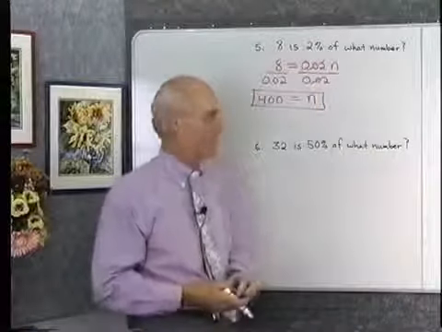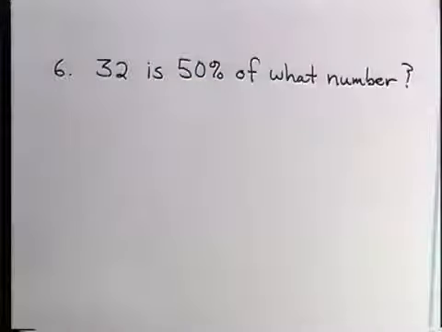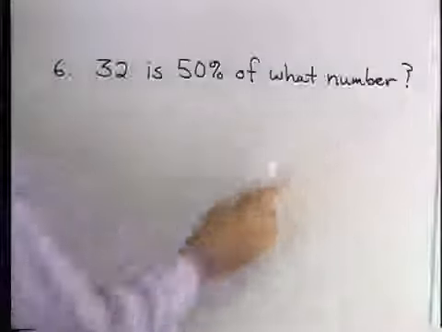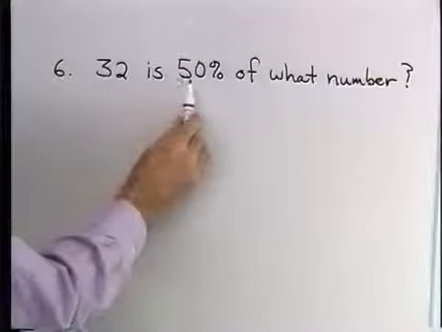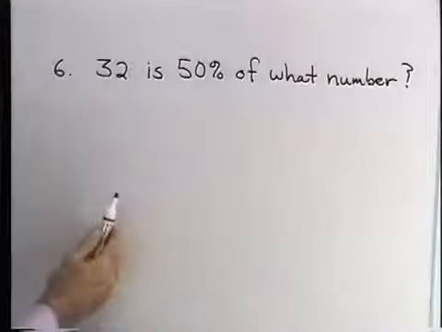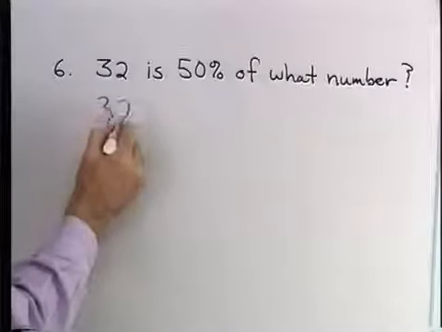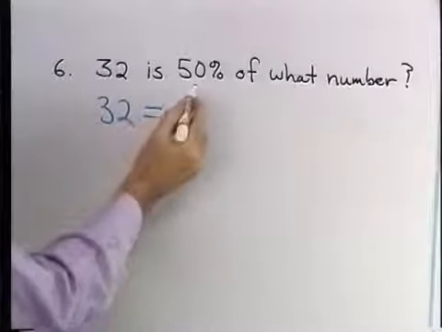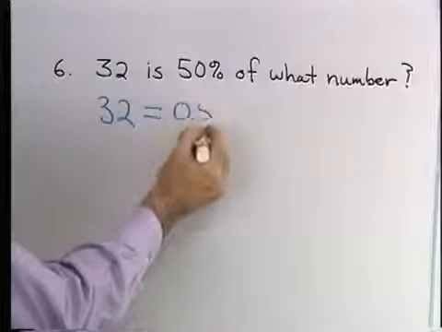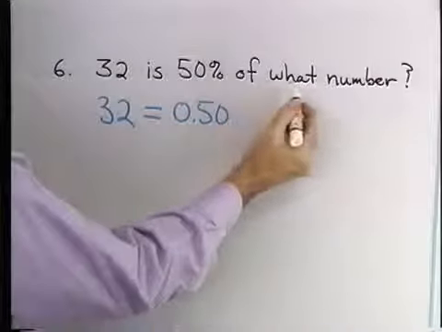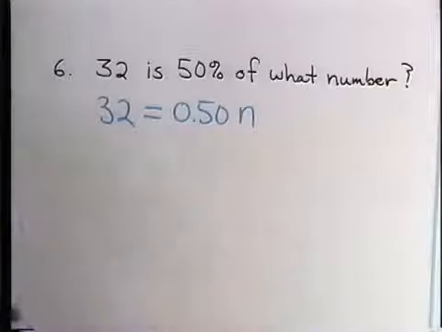Here's our last problem. 32 is 50% of what number? Well, we could do this in our heads if we have an intuitive idea about percent. 32 is going to be 50% of 64. But let's do the translation and see how it looks. 32 is 50%, which is 0.50. Of means multiply, and then what number? That will be n.